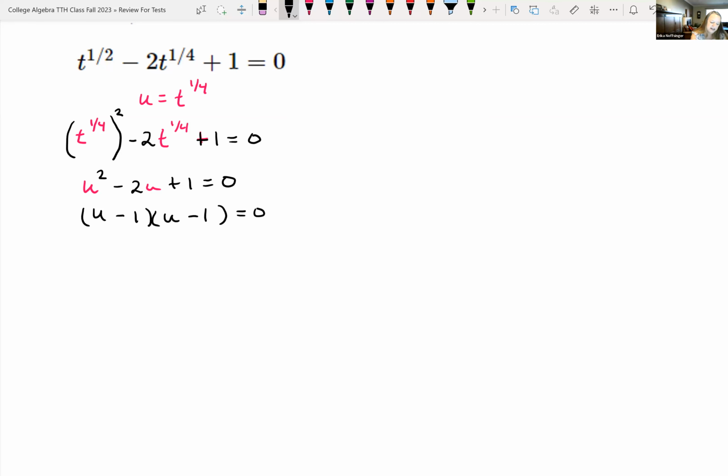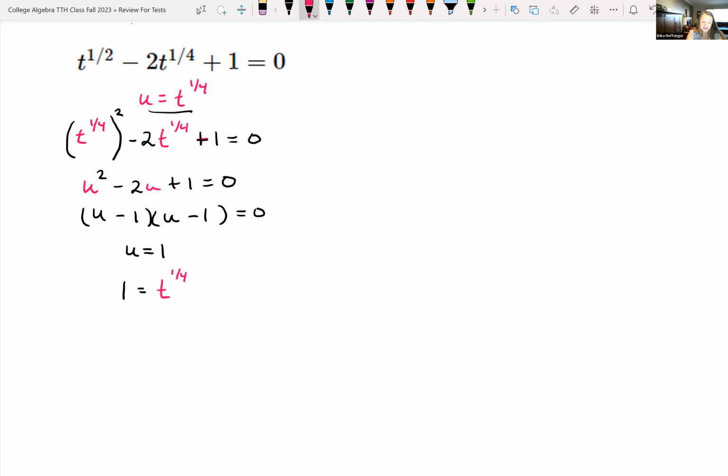So we have u minus 1 equals 0, which is when u is 1. That occurs twice. Now I want to figure out what t is. We have 1 is equal to t to the 1/4 power. I want to get rid of that 1/4 power.